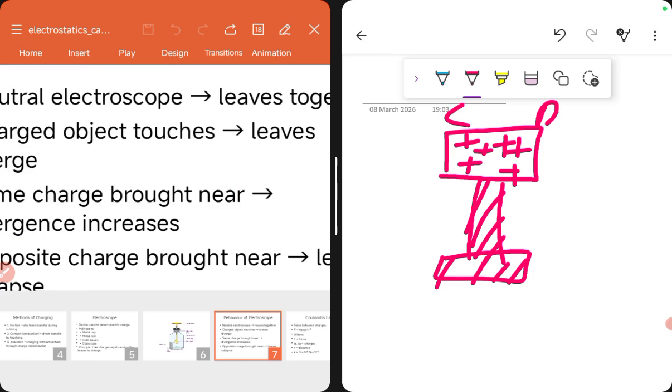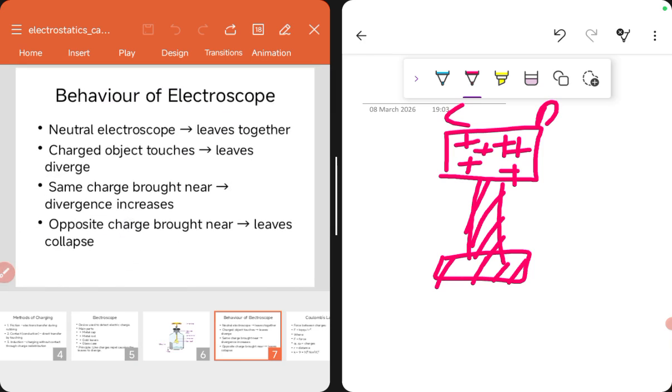Now let's look at the behavior of the electroscope. When it is neutral, that means there are no charges on the electroscope, the leaves will be together. But when you bring a charged object, the leaves will diverge, which is to spread apart. Though, honestly, it is not a perfect method of testing for charges anyways.